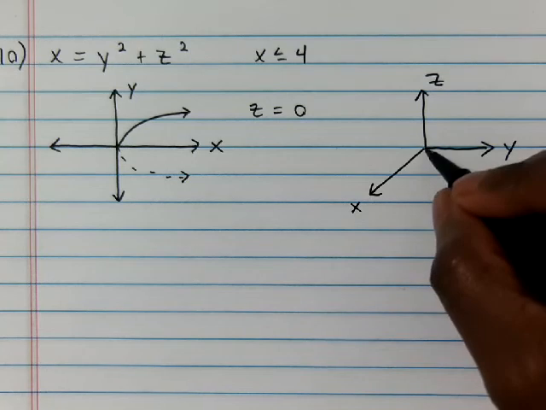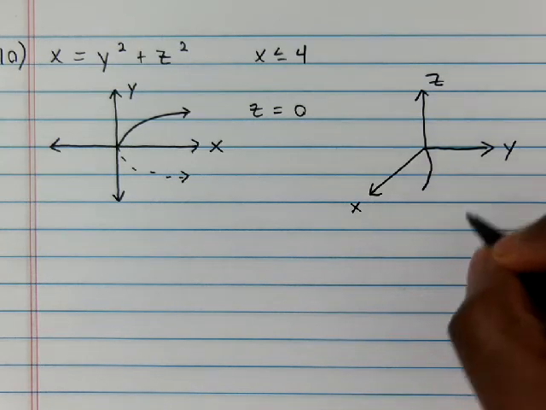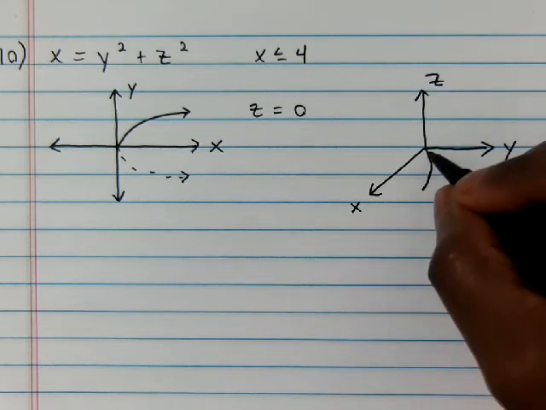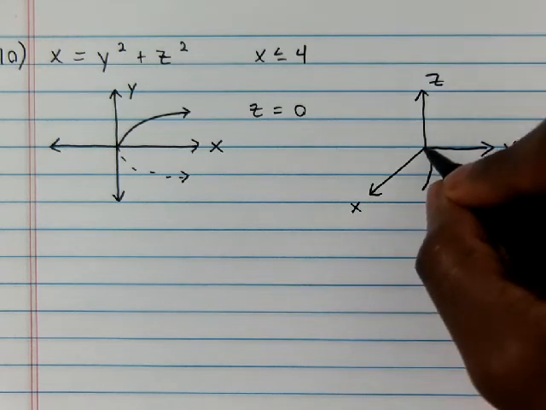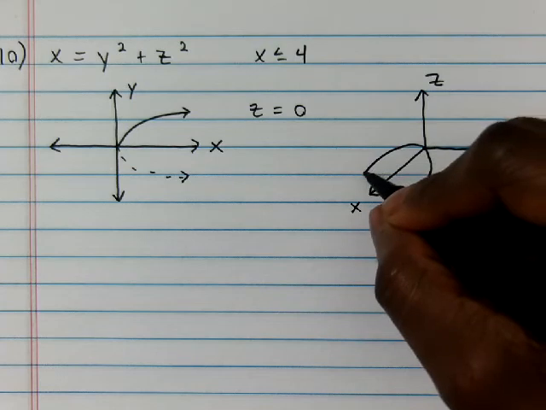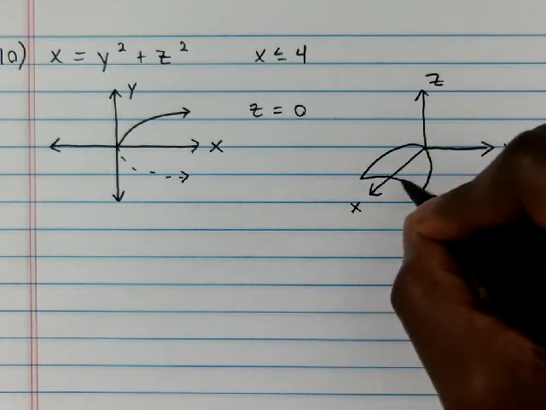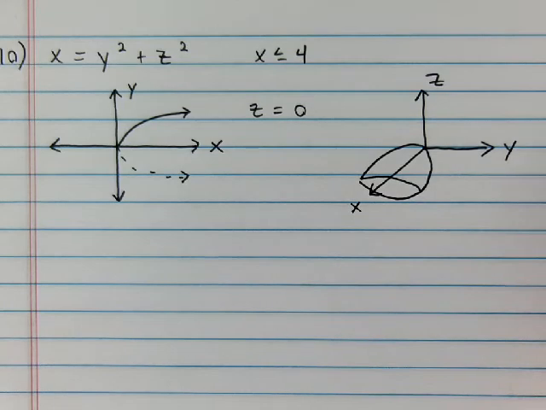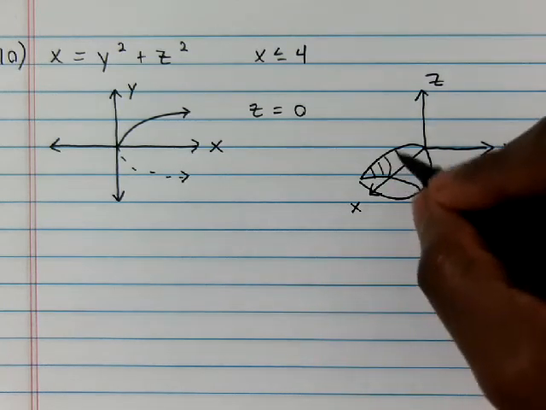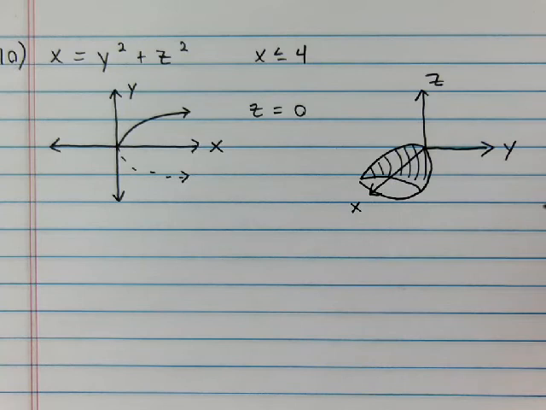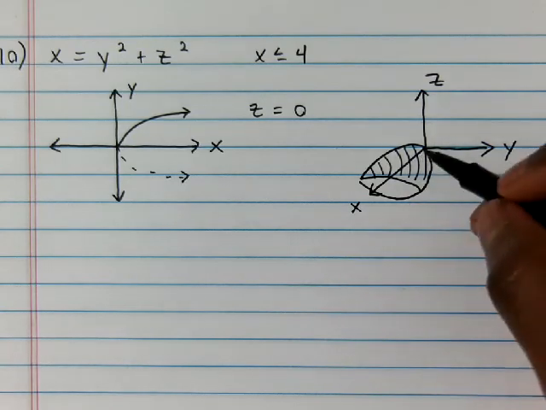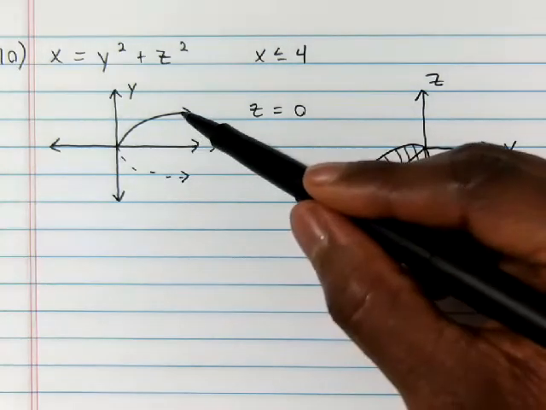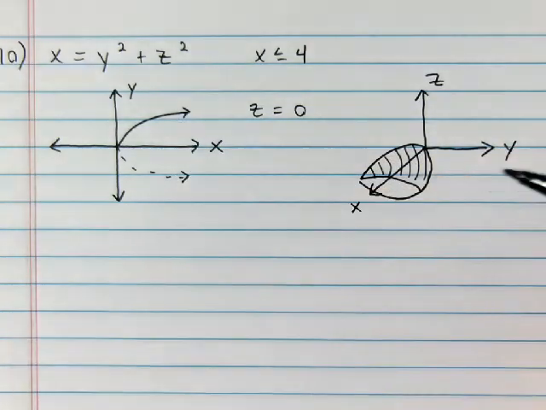We just sketched that right there. So now let's go ahead and do the other side of it and then put that on the front. And that's what this thing's actually going to look like. The surface is going to be this thing, and it's this being spun around the x-axis.